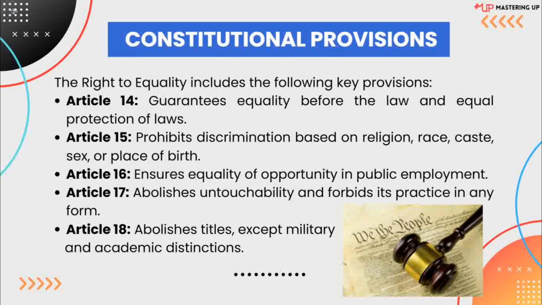The right to equality includes the following key provisions. Article 14 guarantees equality before the law and equal protection of laws. Article 15 prohibits discrimination based on religion, race, caste, sex, or place of birth.